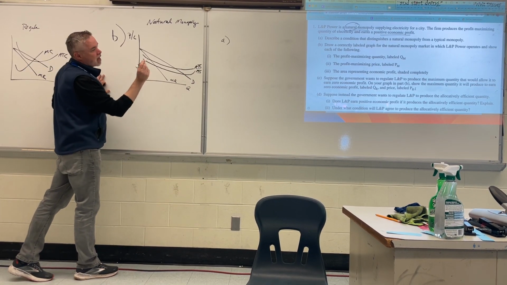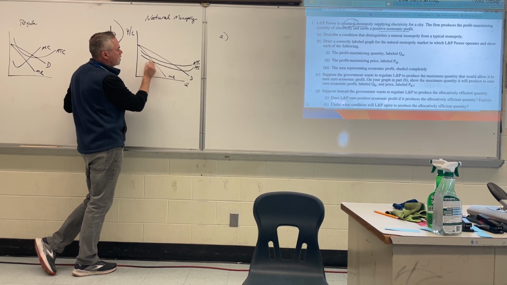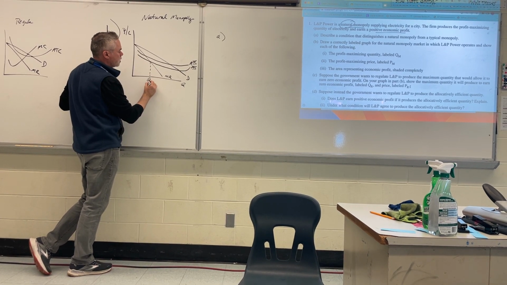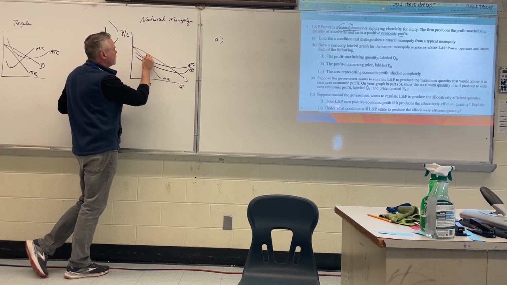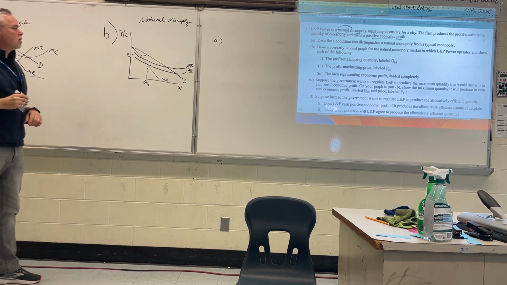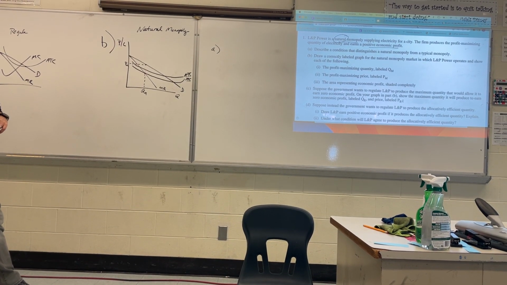Then they asked to identify the profit maximizing quantity. That's still going to be where MC equals MR. So you bring that down, you have your quantity, monopoly, Qm, then bring that up to demand and you get your price, Pm. So there's another point there. You identified the profit maximizing quantity and price.